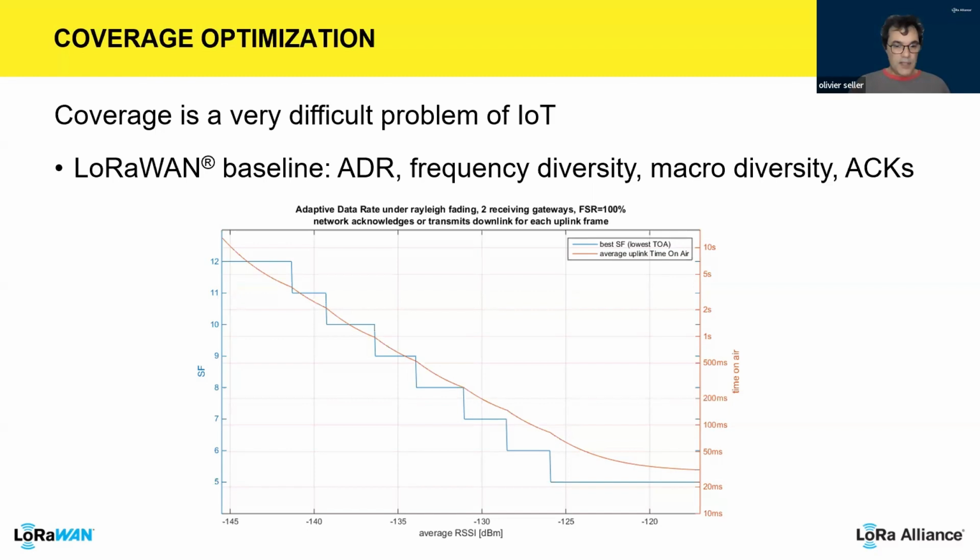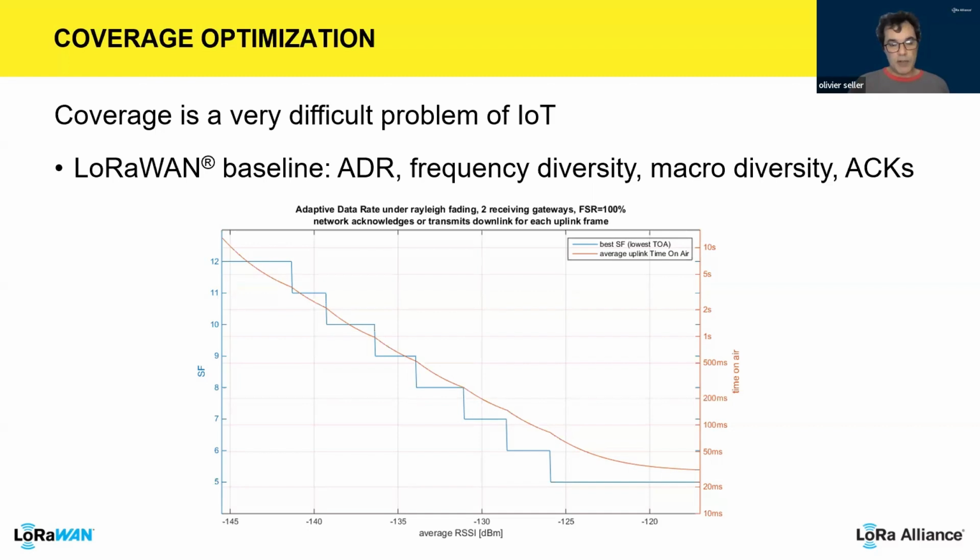And for this average RSSI, the network server optimizes the data rate and retransmission order of the device. Here in blue is the data rate, which we call spreading factor in LoRaWAN. A high spreading factor means a low data rate: 12, 11, 10, up to 7, and also 6 and 5.